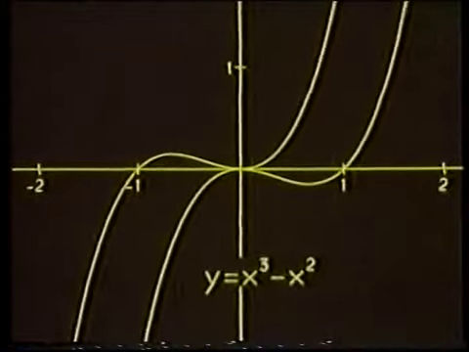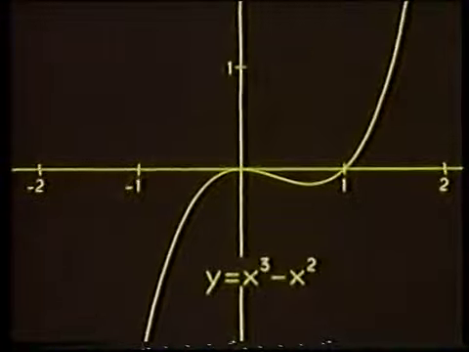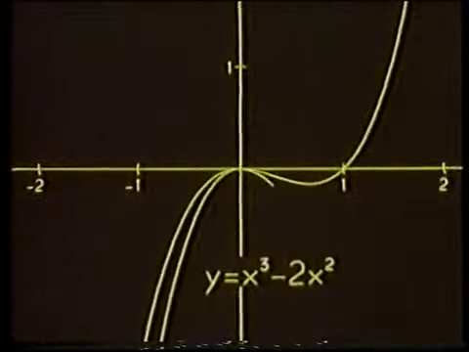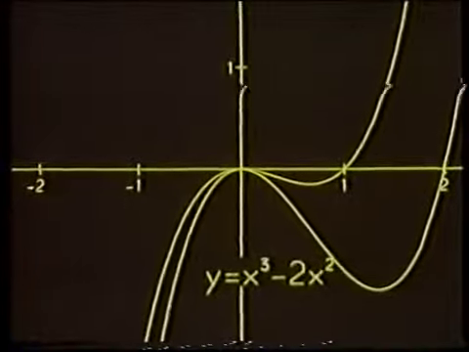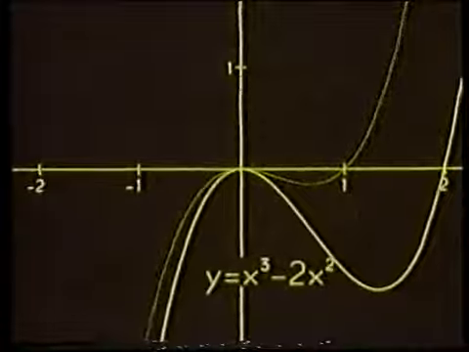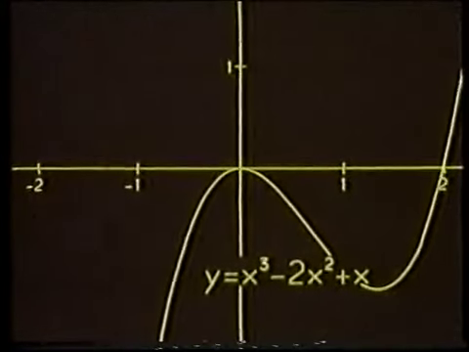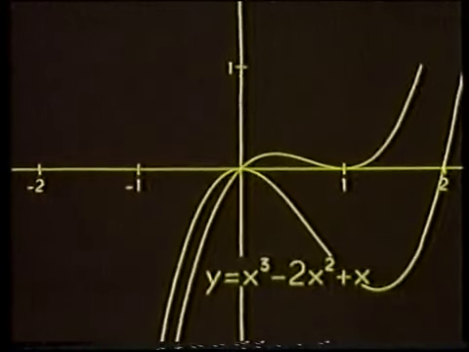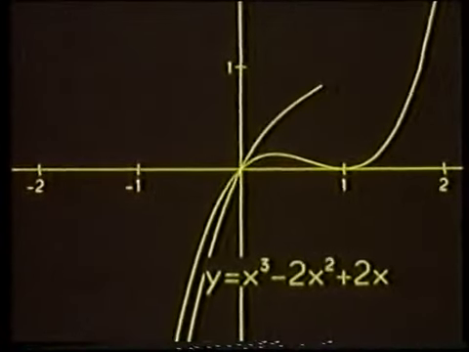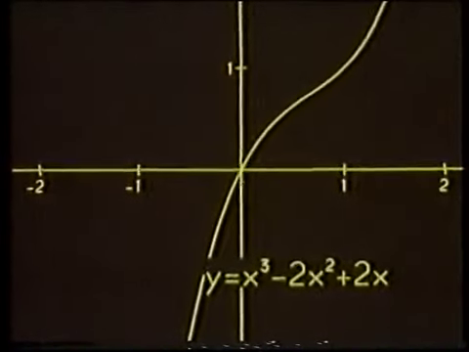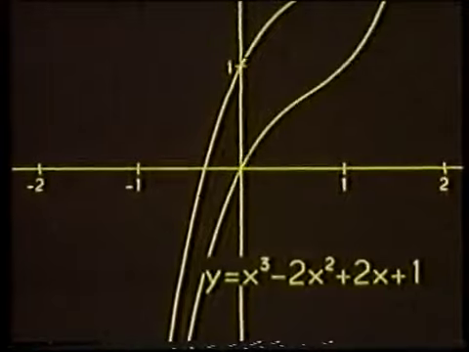Subtracting x squared, the graph develops a peak and a trough. A larger coefficient increases the size of the peak and trough. Let's move on to x terms. We can flatten the peak and trough out. Finally, the constant on the end moves the graph vertically.